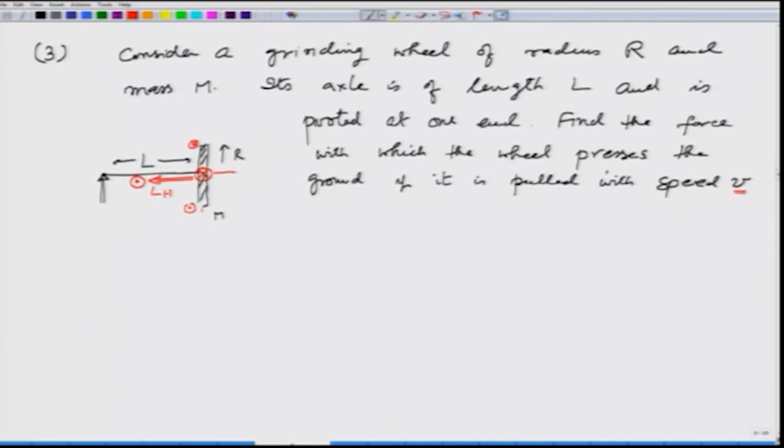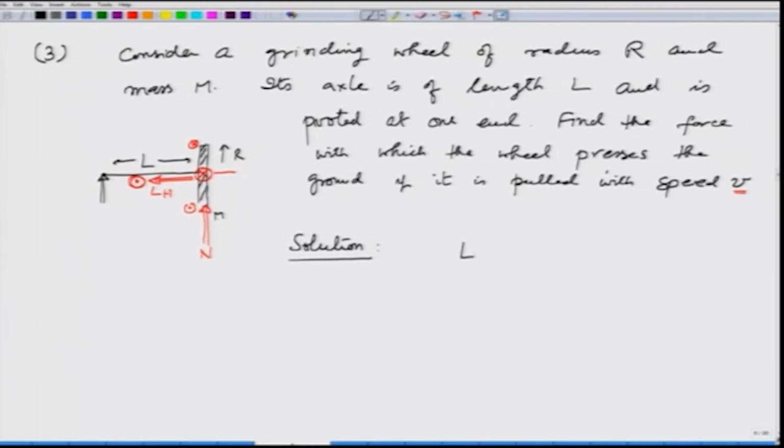And to get this torque, I need a force which is larger. As this LH also rotates as the wheel rotates, it comes out of the plane of the screen, and therefore, there is a torque coming out of the plane of the screen, and that requires a force out here which I will call N, and this comes out to be larger than mg, as we will see in the problem.